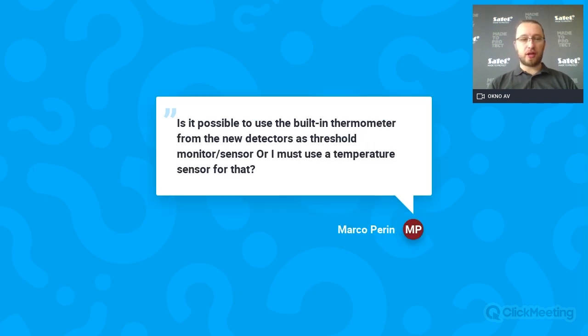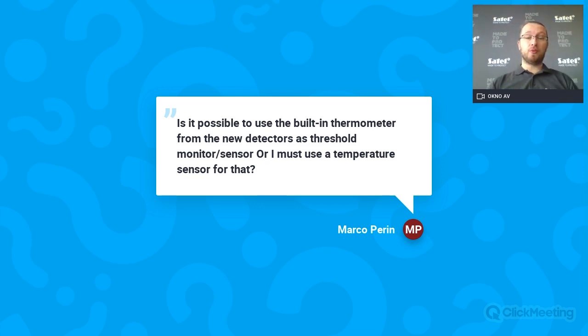And the next question: is it possible to use the built-in thermometer from new detectors as a threshold monitor sensor, or must I use a temperature sensor for that? Okay, this is a very interesting question, Marco. I love this question.